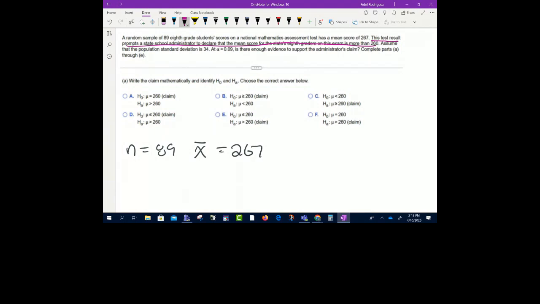Boom. That's my claim. A school administrator declared, they're claiming, so let's write this out, that the mean score, mu, is more than 260. Y'all, using inequality signs, more is greater than or less than? What do you think? Greater than 260.